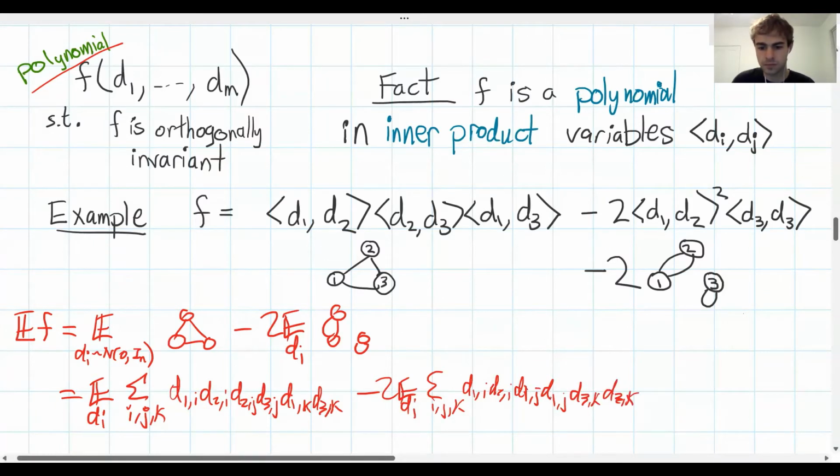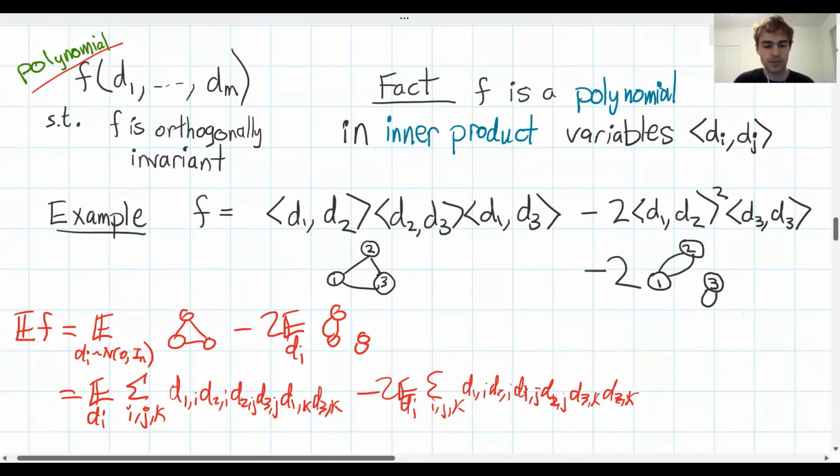If you look at this expression, actually something nice happens. Most of these terms have expectation 0. In fact, the only terms that won't have expectation 0 are the ones where the i's and j's match up so that every variable occurs an even number of times. The only way that can happen in the first example is if i, j, k are all equal.